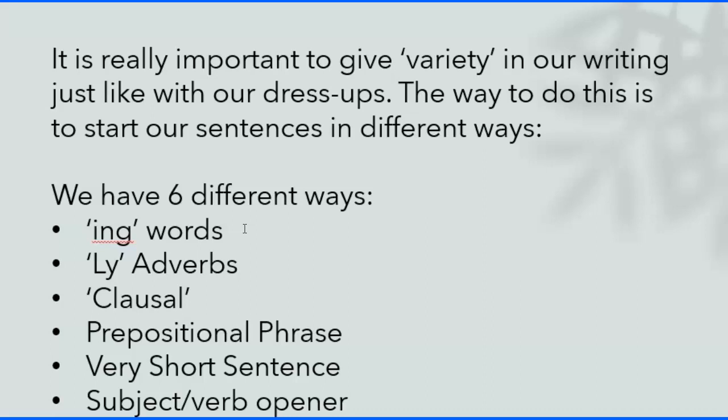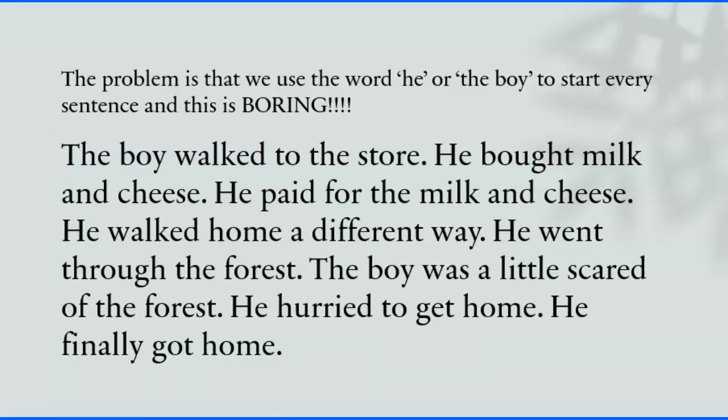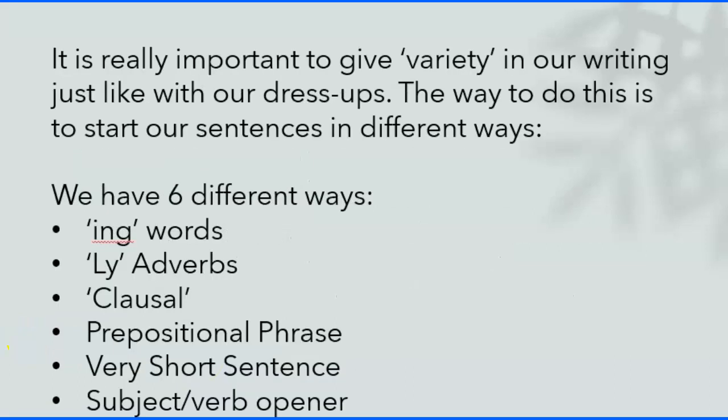Prepositional phrases, we know what those are, and that's what we're actually going to talk about today. And then a very short sentence. If we were to describe the boy that was walking home, our very short sentence could be this last one. He finally got home. It has to be 5 or fewer words, and so this would work. He finally got home. That's a good, very short sentence at the end of a paragraph.